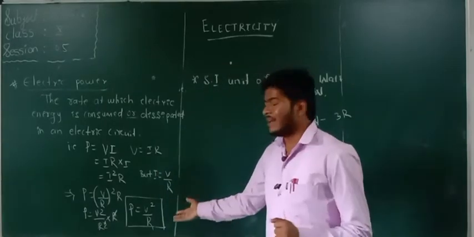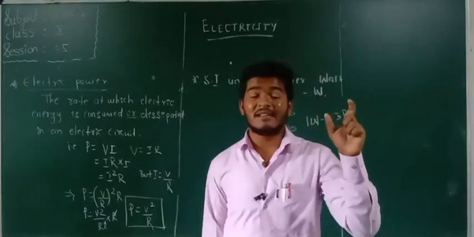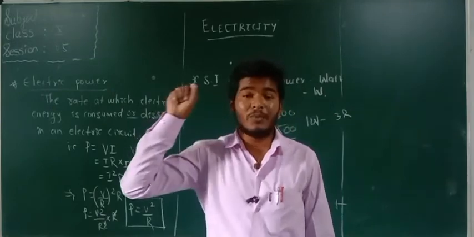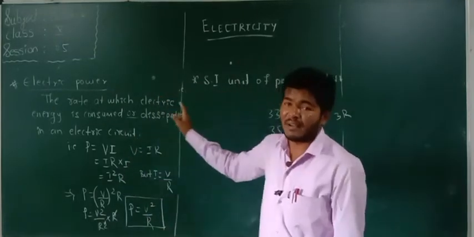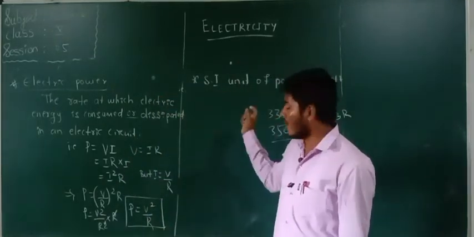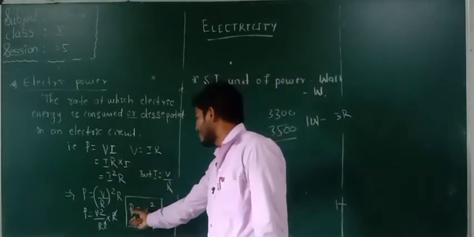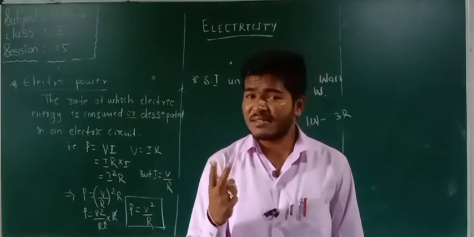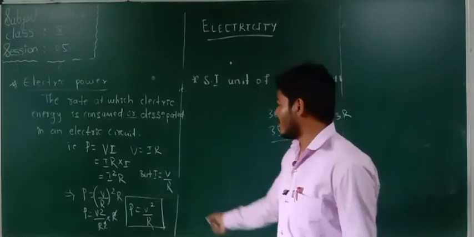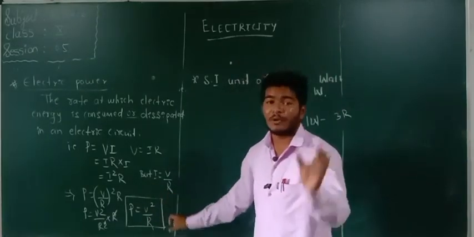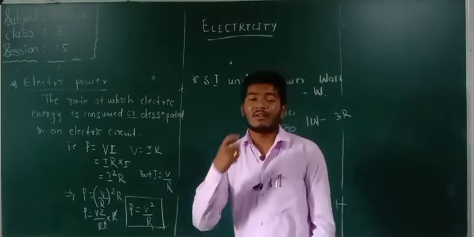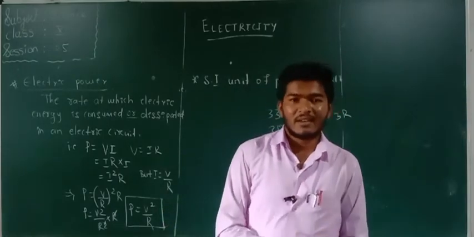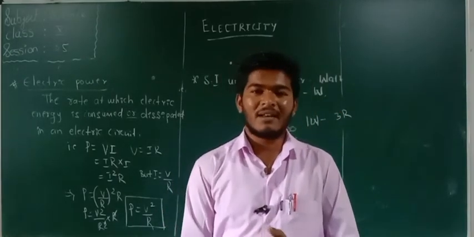On the basis of the heating effect of electricity, that is Joule's law, H is equal to I squared R T, and also on the basis of the expression P is equal to V squared by R, they are going to give 2 or 3 marks problems in your examination. You have to practice some problems on this given in your textbook, and this completes one of your physics chapters, electricity.